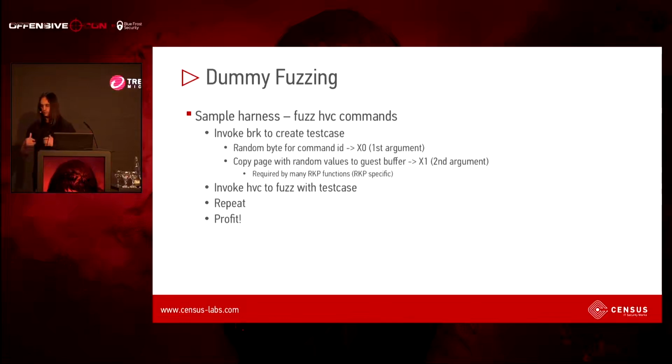We get a random byte for the command ID, and we have an RKP specific thing. Most of the HVC commands for RKP require a valid EL1 buffer. So we also satisfy that: we copy random data to the buffer and feed that as a second argument. So after the test case is created, we invoke HVC and fuzz, and then repeat.